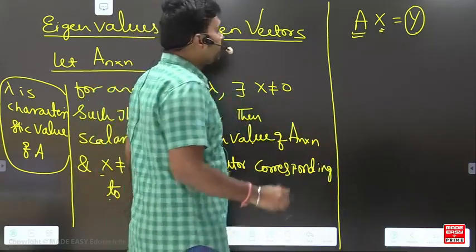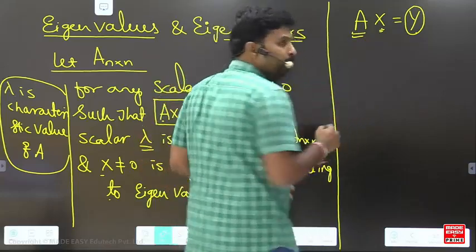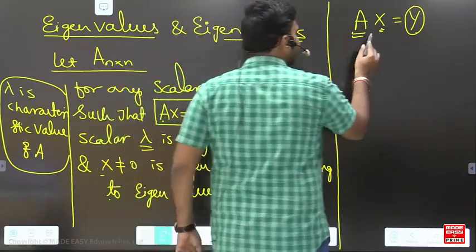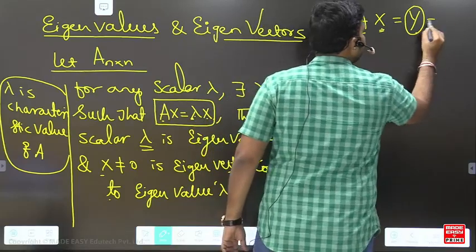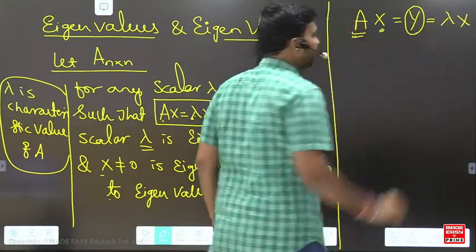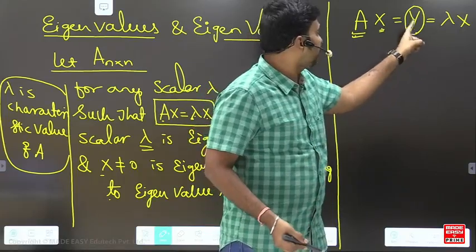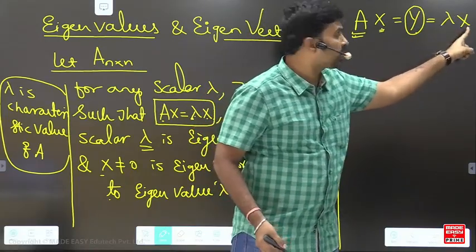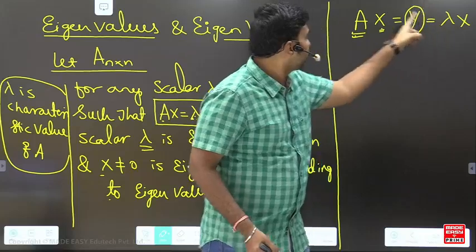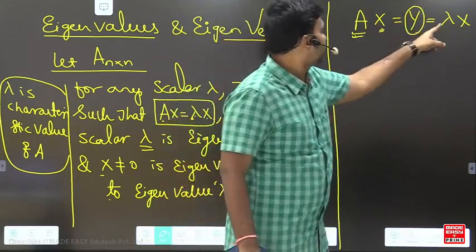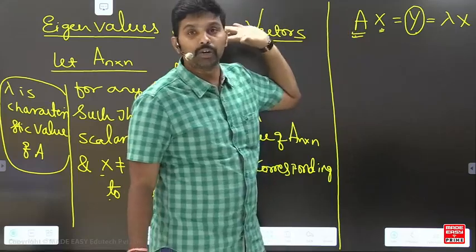Okay, fine. But suppose in some cases Ax is getting lambda times x. That means this transformed vector y can be written as lambda times x, lambda times the same vector. So this lambda is called the eigenvalue of this matrix.